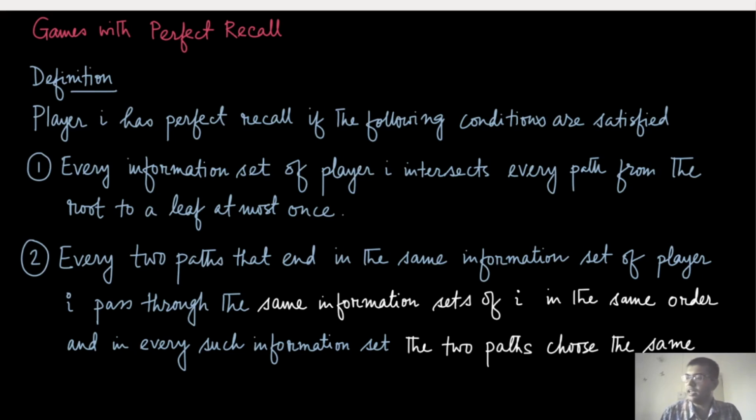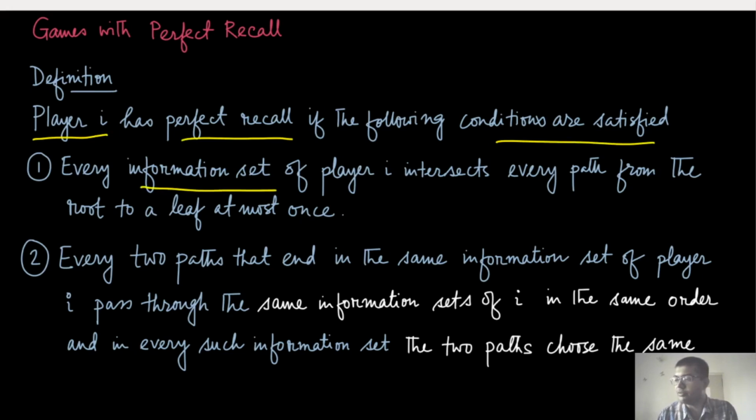We call player I to have a perfect recall if two conditions hold. The first condition is that every information set of player I intersects every path from the root to a leaf node at most once.